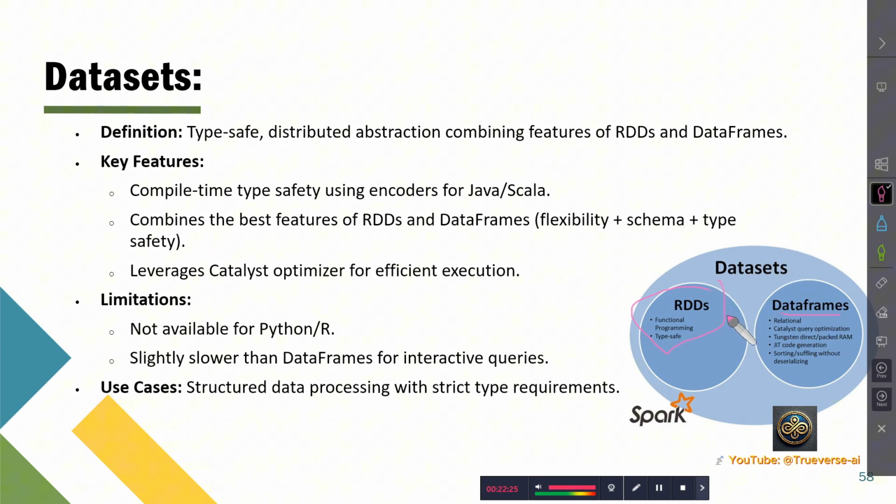To receive the advantages, for example, this is type safe. Dataset gets something from here, encoded, based on DataFrame and Dataset. So this is the point of the combination of the features of the data structure and DataFrames. A key feature is compile-time safety, using the encoder for Java and Scala.